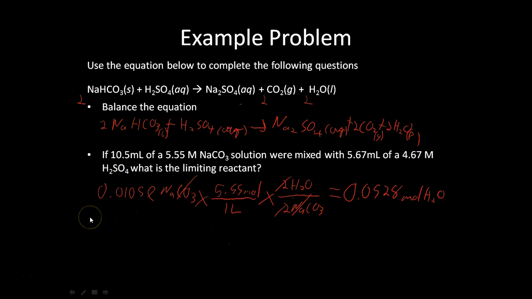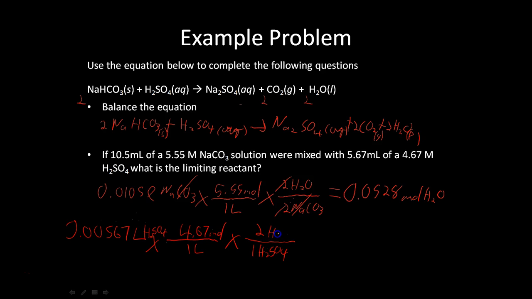So again, going over to our sulfuric acid, we see that we have 0.00567 liters of H2SO4, times the concentration, 4.67 mole per 1 liter, times, using the stoichiometric coefficient to convert from moles of sulfuric acid to moles of water, we put sulfuric acid on the bottom, and there's 1 H2SO4 for every 2 H2O.